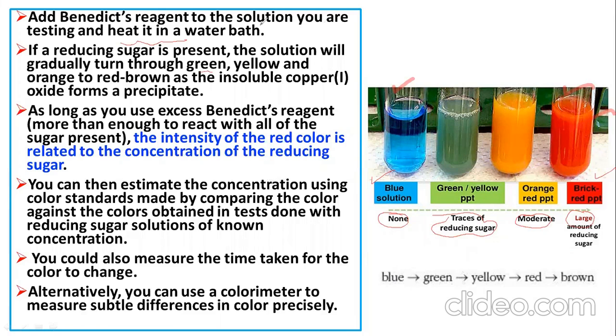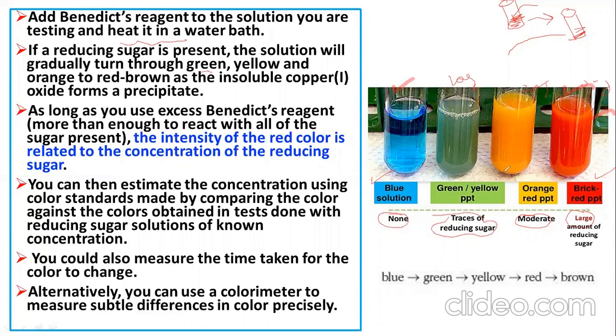Right? For example, in this I put 10 grams of glucose, and in this 20, and this 30 grams. When I take a sample of anything, a fruit sample or anything, and I do the Benedict test for that, I figure out what is the concentration of glucose in there. So I will compare that color with the standards. For example, if it shows resemblance with this orange or yellow.